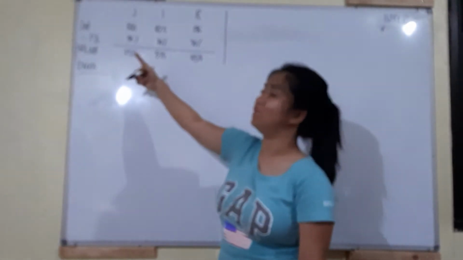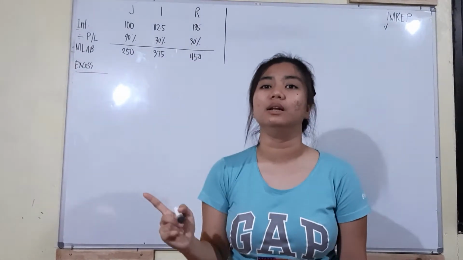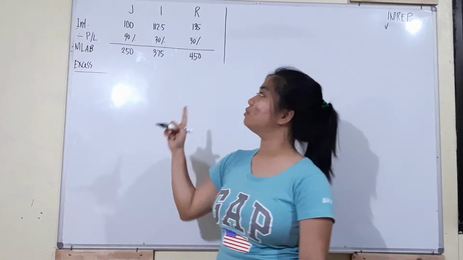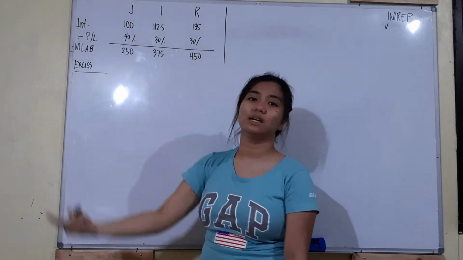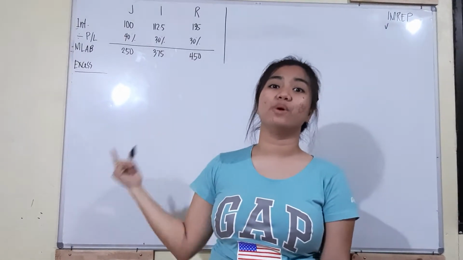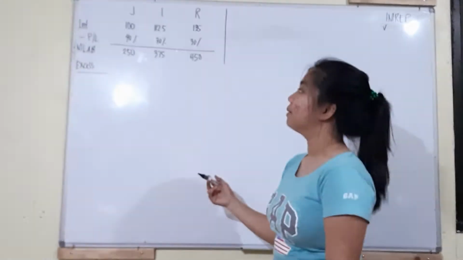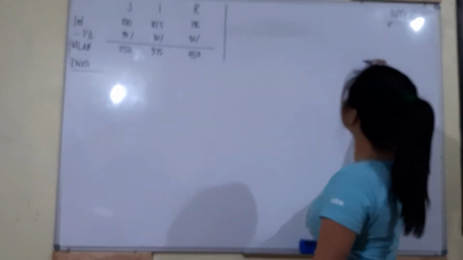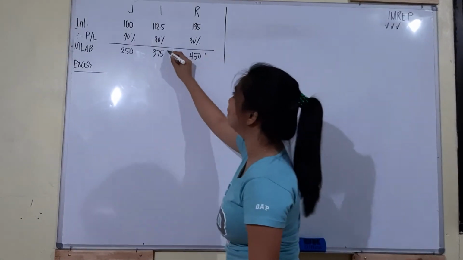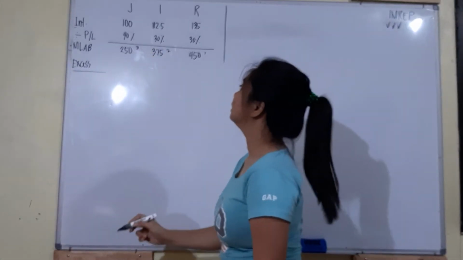But among the three, who is the most vulnerable? Okay, so the most vulnerable partner is Jeff because he has the lowest loss absorption balance. So, rank na natin. We have the MLAB. Now, let's have it ranked. So, this is 1, this is 2, and this is 3.